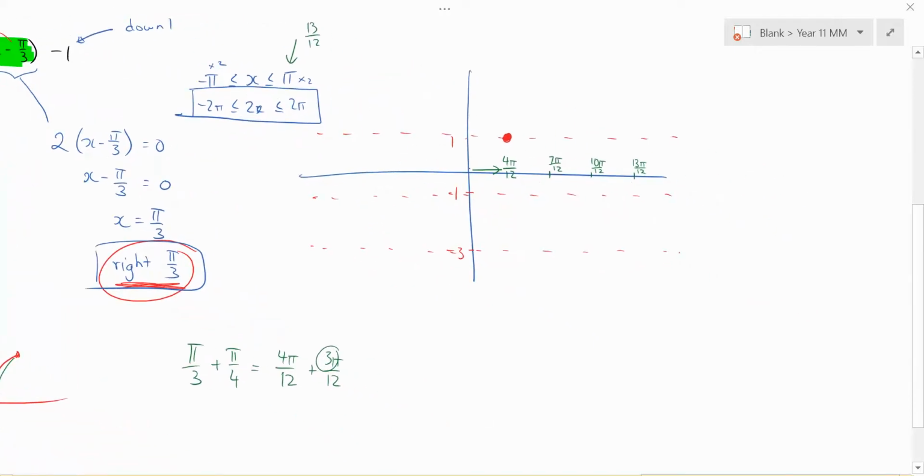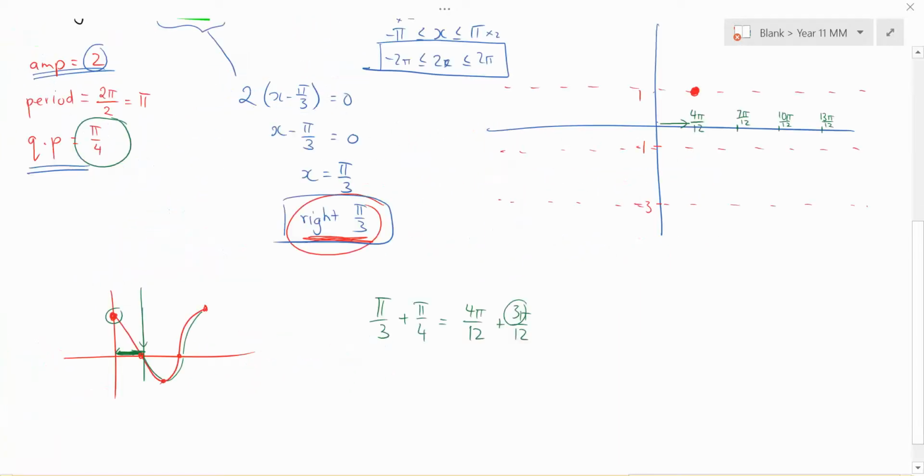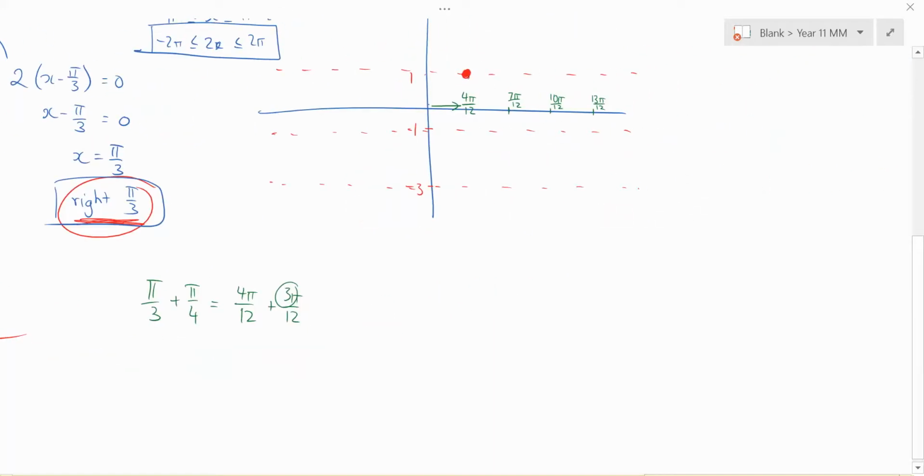Okay, so now let's draw the main points. Now remember, a cos graph had, this is your first, starting from the top, maximum, goes down to the center, then down to the minimum, right? So I'm going to do the same. The quarter cycle, this is at 7 pi on 12, it should be at the center. At 10 pi on 12, it should be at the minimum.